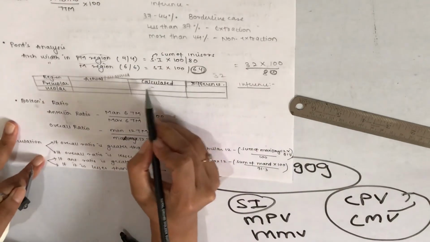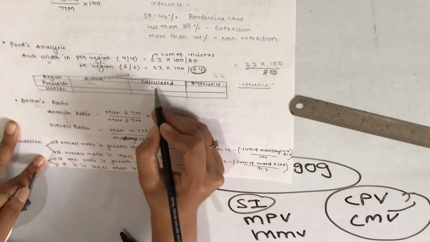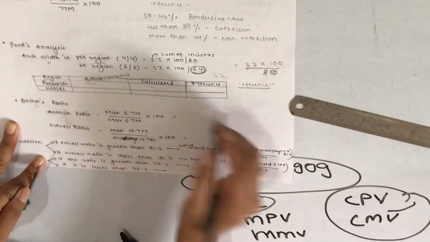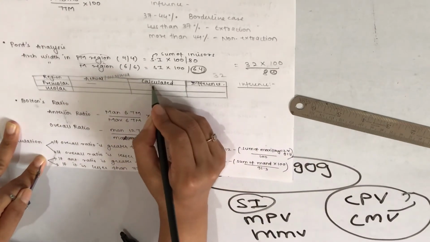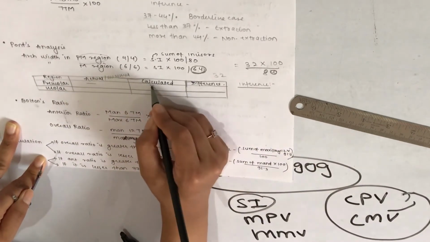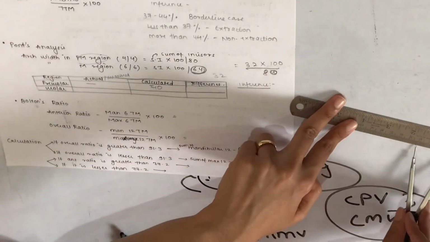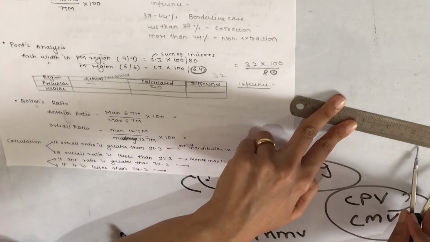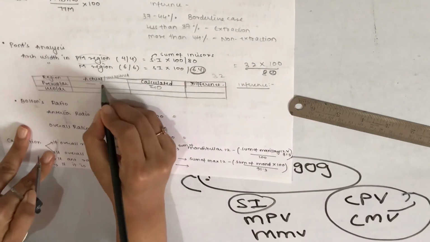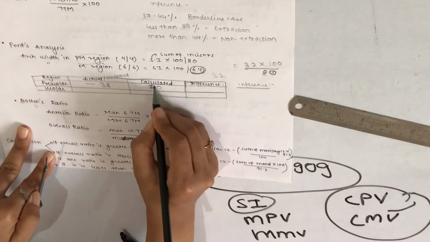For example, the calculated value was 40, and the actual is 38.